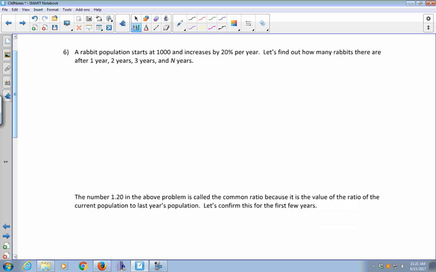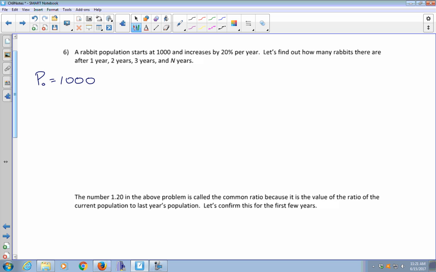All right, let's look at a population of rabbits. It starts at 1,000 and increases by 20% each year. Let's find out how many rabbits there are after 1 year, 2 years, 3 years, n years. So we'll say P sub 0 is 1,000.